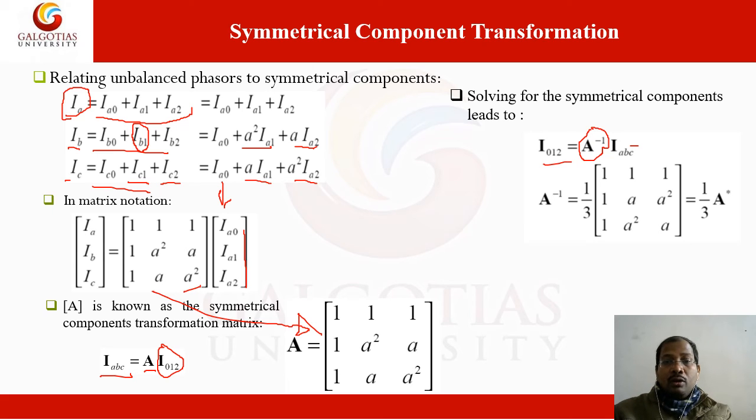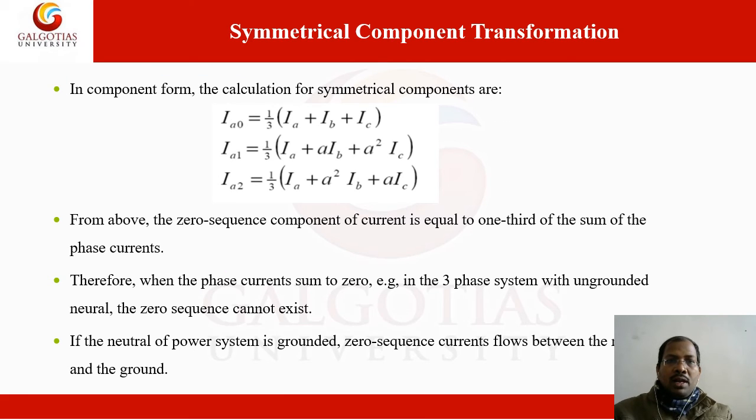When we calculate the A inverse, we get 1 by 3 with the same values, only the positions differ, as you can see. So this is 1 by 3 into A conjugate. Similarly, if the phase currents are known, we can put them here and easily obtain the sequence currents.